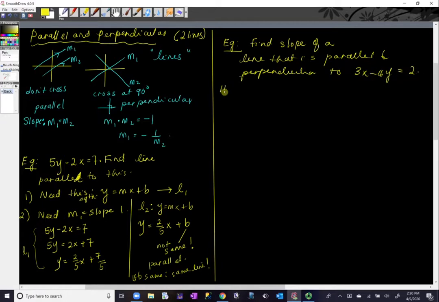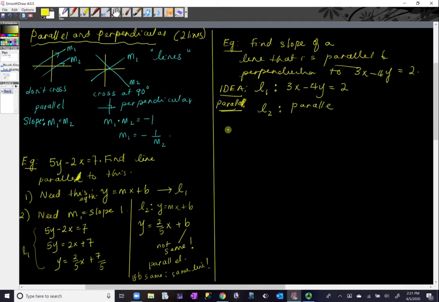So first of all, the idea is you want to say my line number 1, which is my original equation, is 3x minus 4y equals 2. Then my line number 2 is going to be, let's call it parallel. So we're going to work with parallel first, because they want both parallel and perpendicular. And then we'll do perpendicular later.